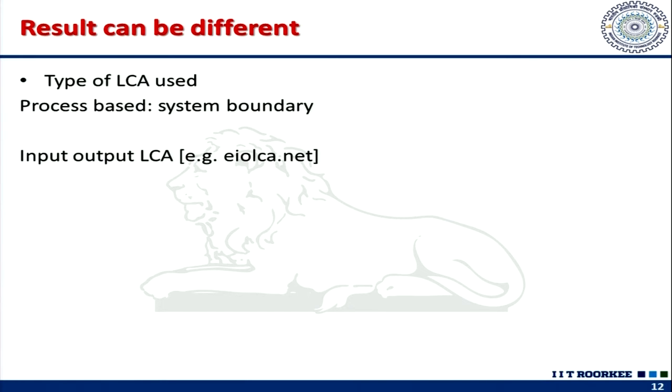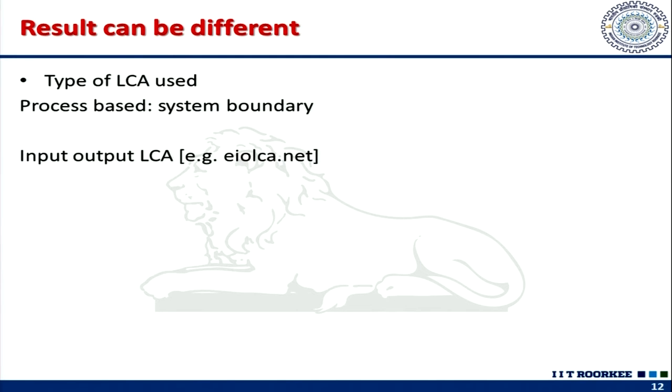The second type of LCA that is used is called input-output LCA. In process-based LCA, you basically develop or integrate different processes to make products. For a particular product, for example, this microphone or these shirts I am wearing, they probably need some kind of service industry too, for example administrative people supporting the shirt manufacturing and transport, all those things.